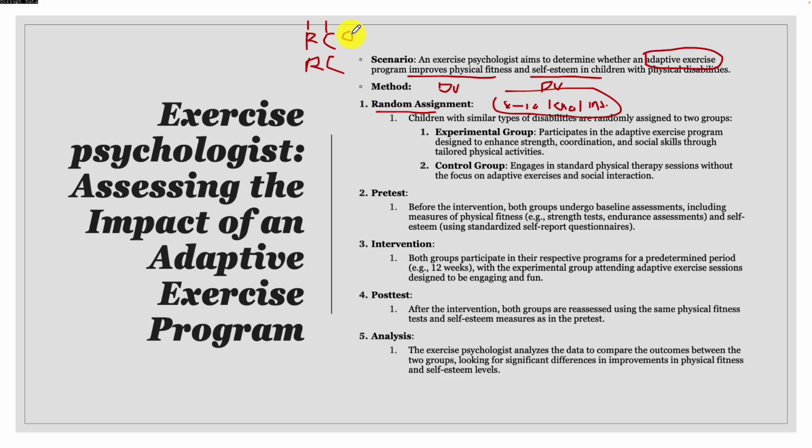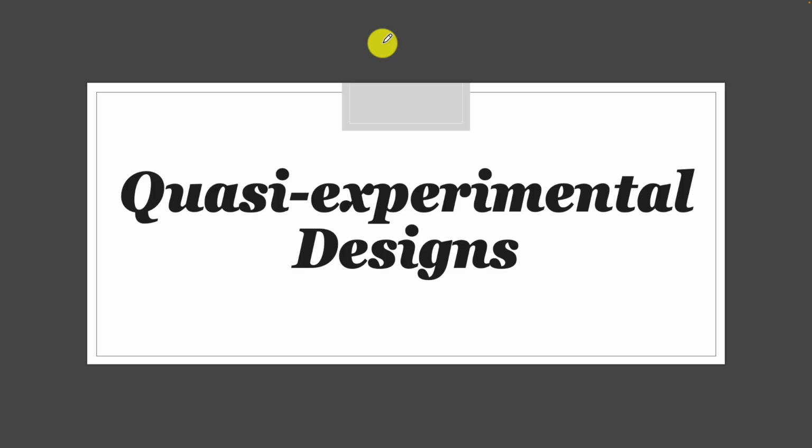We'll do a baseline measurement, intervention, no intervention, post-measurement. And now what we've done is we created a study where we are not going to get any interference of chance intervening with our research. Okay, and the last one we're going to talk about here is a quasi-experimental design.